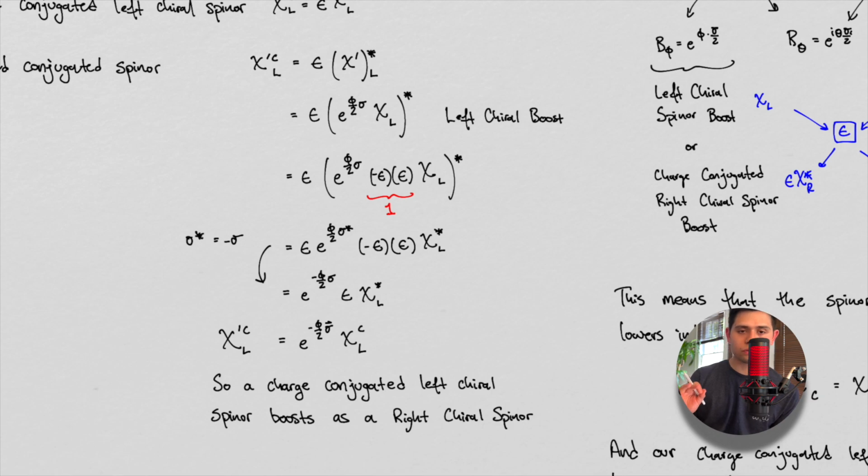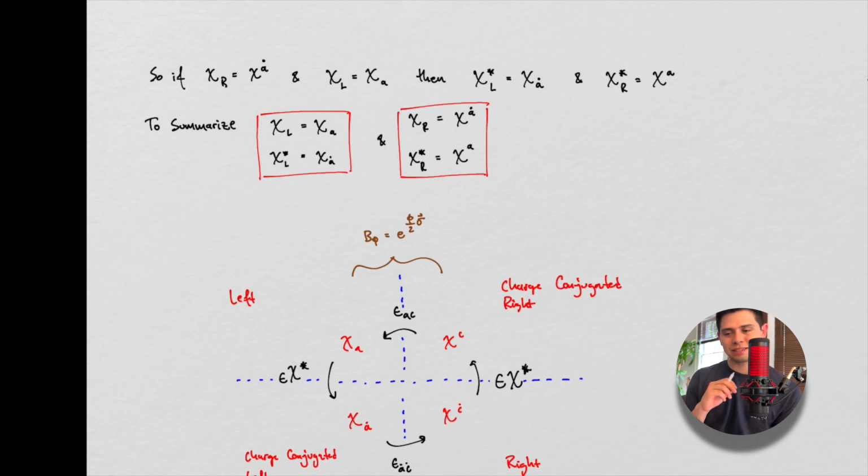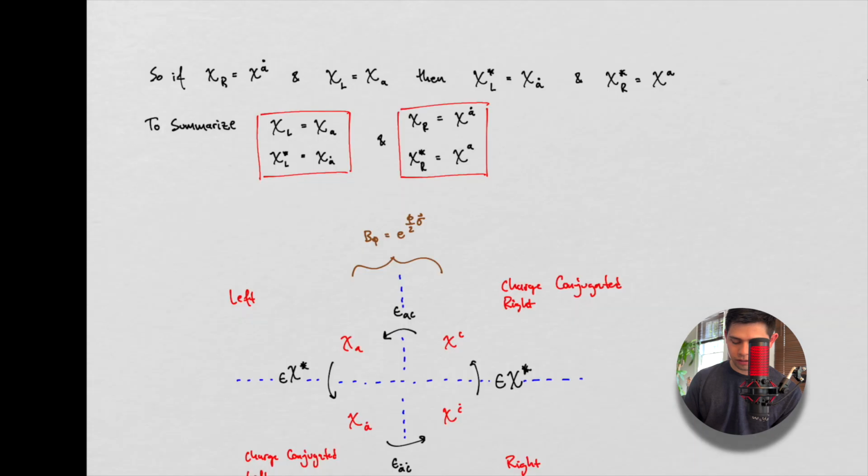That's the key word, sort of the same thing as converting between left and right chiral, with the addition of having this charge conjugation as well. So it's like this intermediate step. You go from left chiral to left chiral charge conjugated, and then that transforms as a right chiral spinor.